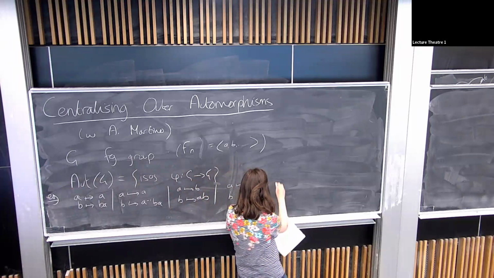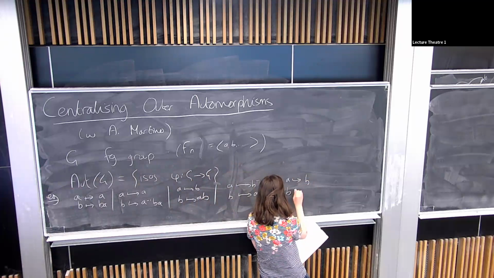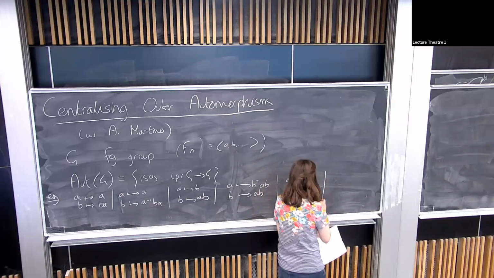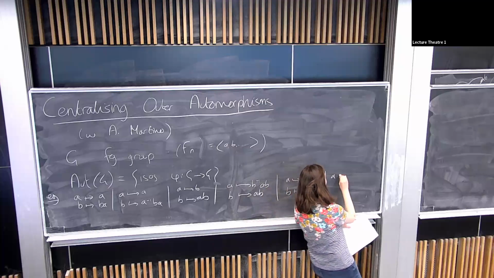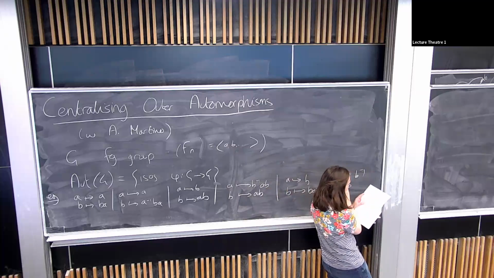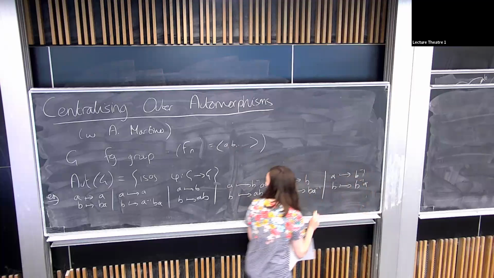E goes to B. E goes to inverse. Finally, here are 6 examples.